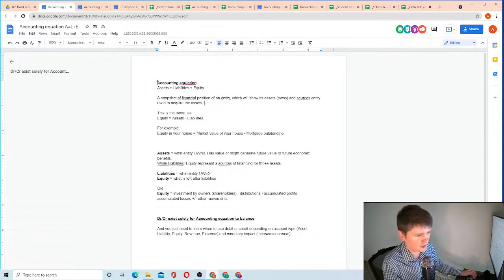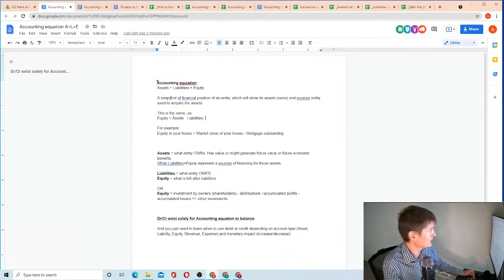And because we wanted to have such a report, such a presentation, that is why for every transaction we do, we need to have a debit and credit. Because if we don't, our balance sheet will not balance. Our accounting equation will not work.